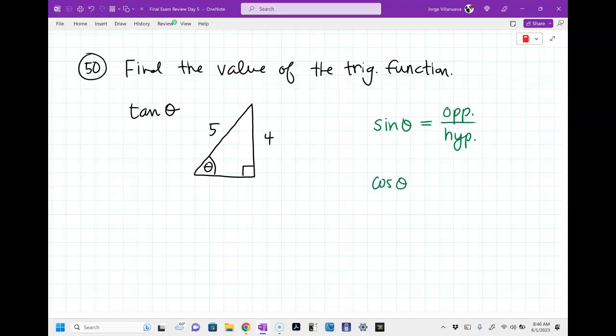Okay, cosine of theta is adjacent over hypotenuse. Remember, hypotenuse is always the longest side. It's the side opposite of the 90-degree angle. So in this picture you see right here, the hypotenuse is 5, okay? Because it's opposite the 90-degree angle. And then you got tangent of theta, which would be opposite over adjacent.